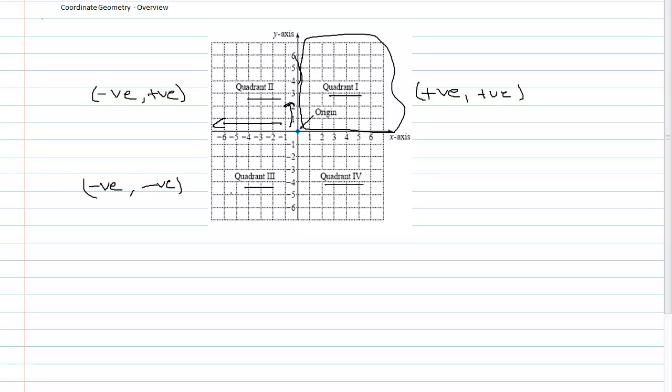In quadrant 3, they both are negative. X is negative in this area, and y is also negative. I apologize for this line. It's not as straight as it should be. In quadrant 4, x is positive and y is negative, because y is below the x-axis, so it's negative. However, x is on the right side of the y-axis, so it's positive.